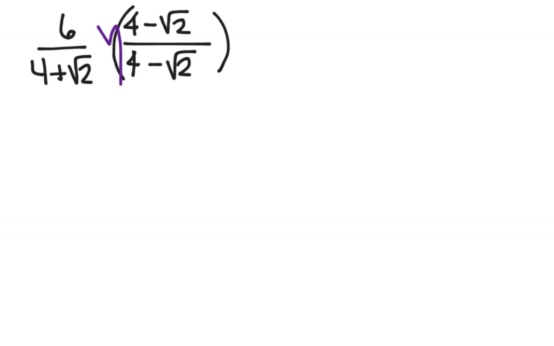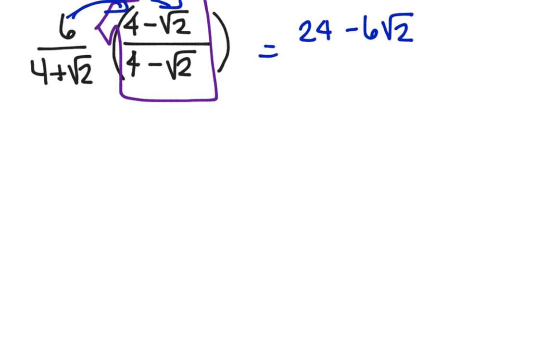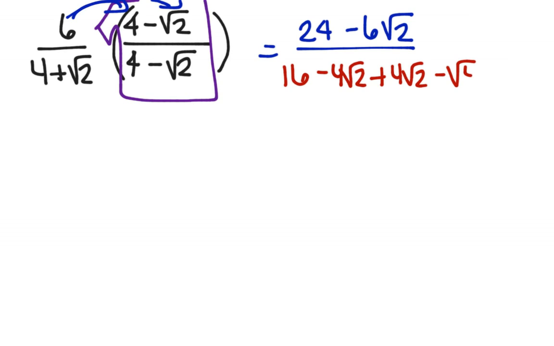Once again, if I multiply numerator and denominator by that, we actually end up multiplying by 1. Now remember, you are distributing the 6 to both terms here to get 24 minus 6 radical 2. In the denominator, when you do your distributing, you're going to get 16 minus 4 radical 2 plus 4 radical 2 minus radical 4, which once again is really 2.